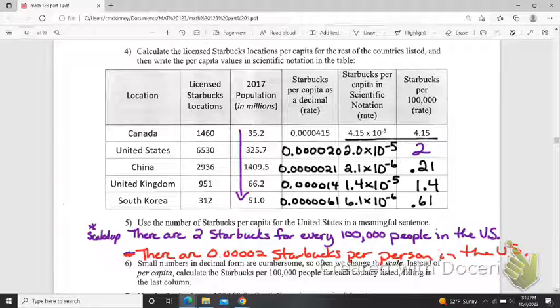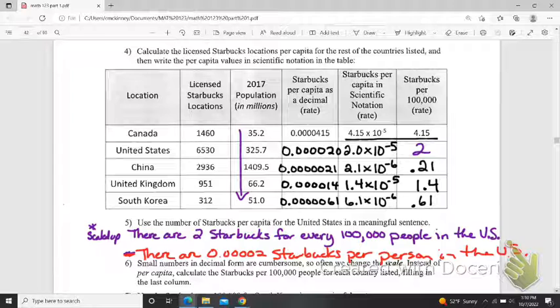Notice for China and South Korea, there are 5 zeros prior to another digit, 5 zeros after the decimal. And so for China, that is 2.1 times 10 to the negative 6th.